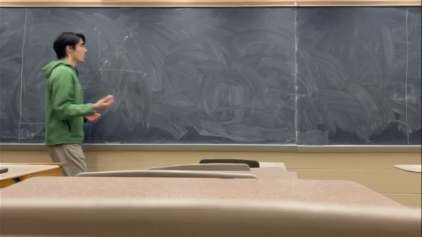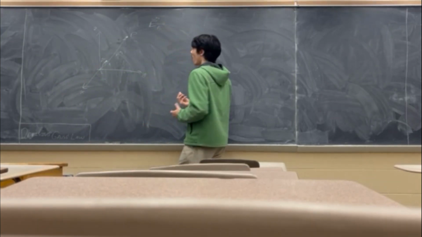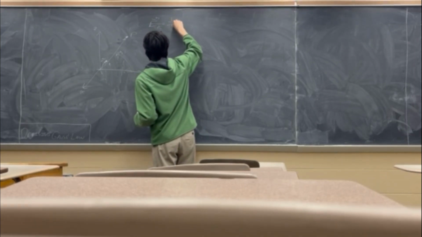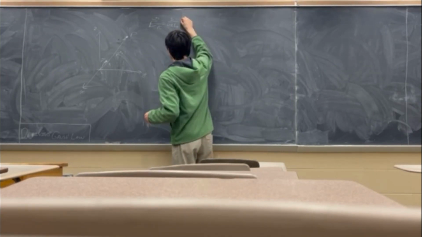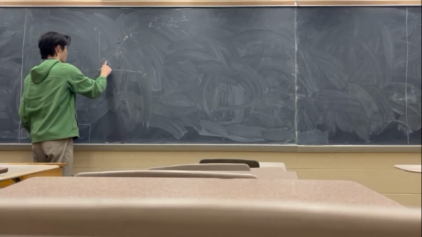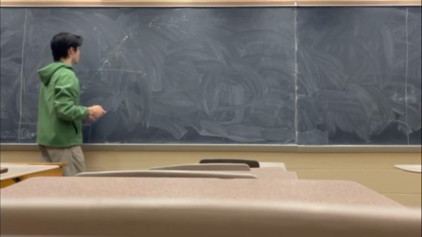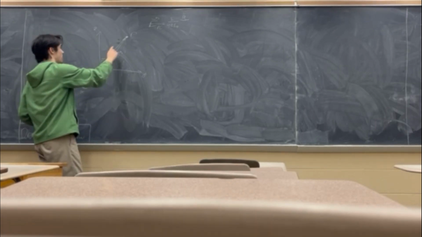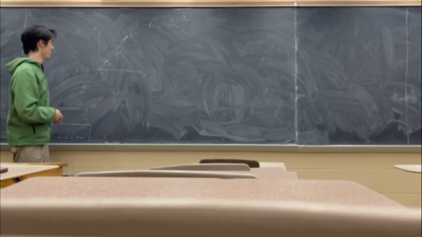And we know from Coulomb's law that the electric field due to a point charge is equal to 1 over 4 pi epsilon naught times the charge q divided by the distance between the place where the charge is and the point P squared. So I'm just going to draw a new vector, one that points from the charge itself to the point where we're trying to calculate the field.